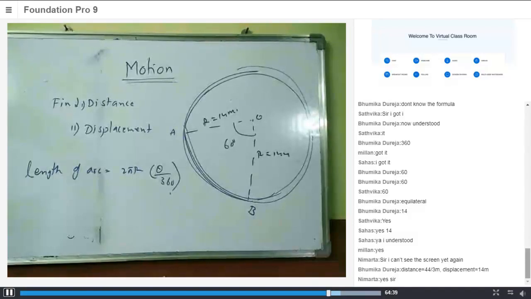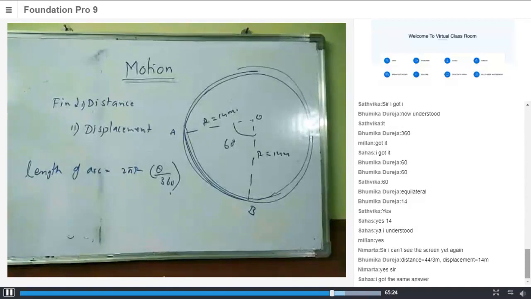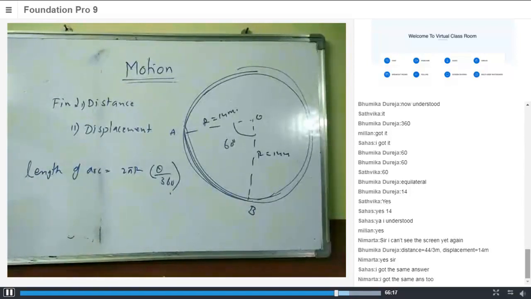The distance is 44 by 3 and the displacement is 14 meters. Okay, so you got the same answer. Milan, what about you? What is the answer you're getting? Milan, am I audible to you? Okay. I hope all of you understood this, right? Okay, very good. So I hope that's clear to all of you.